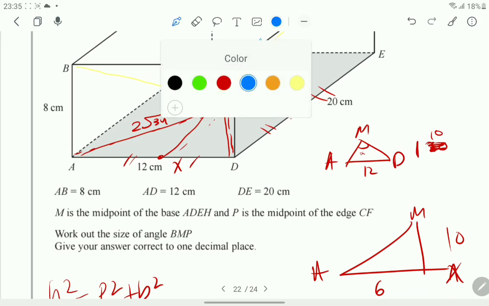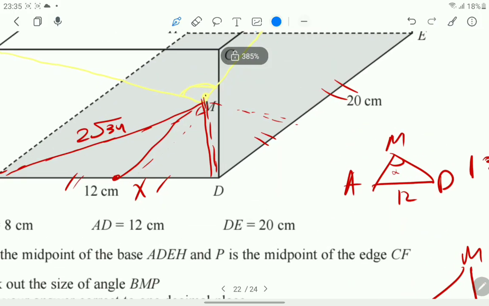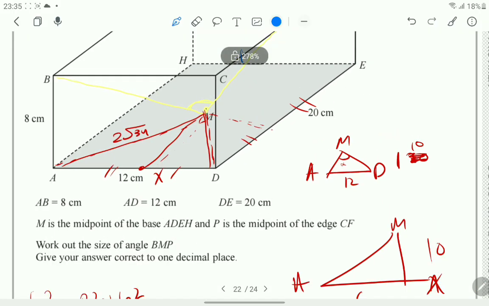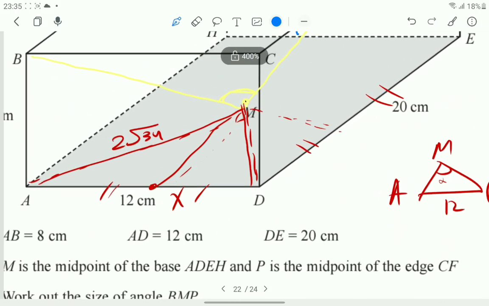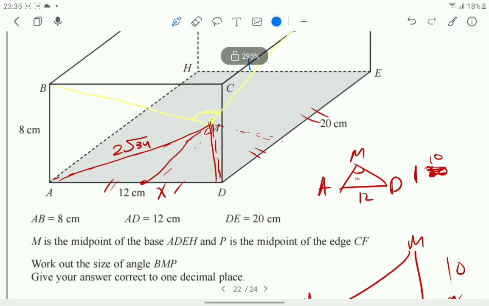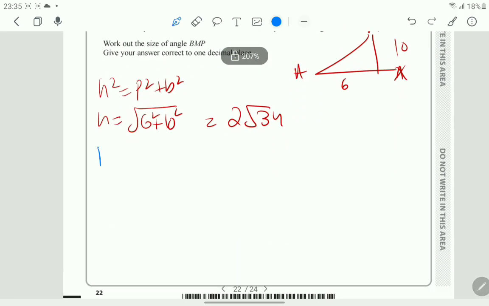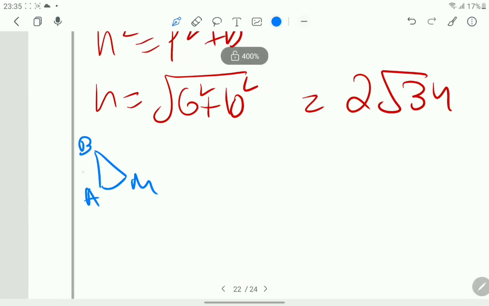Moving on, we get another obstacle in our way, which is finding out this length. So we know that this is 8 centimeters, and we now have this length. So using this, imagine another triangle with me, BAM, where BA is 8 centimeters, and we just found out AM is 2 root 34.